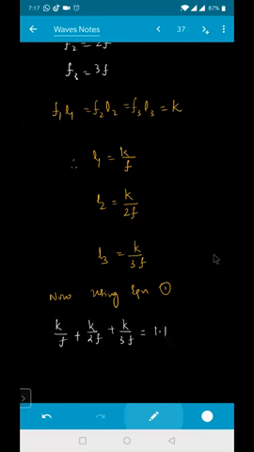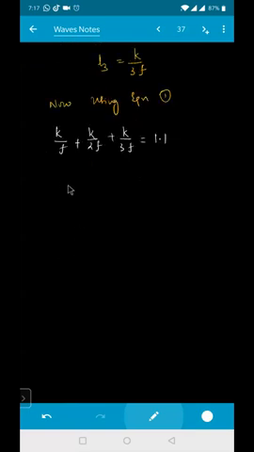That means I can take 1.1. In this, K by F will be common. So this will be K by F into 1 plus 1 by 2 plus 1 by 3, which is equal to 1.1.